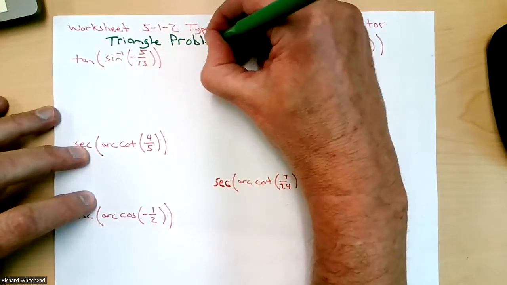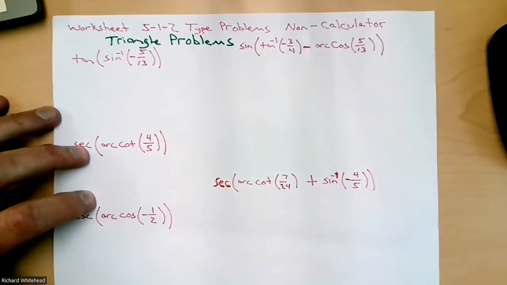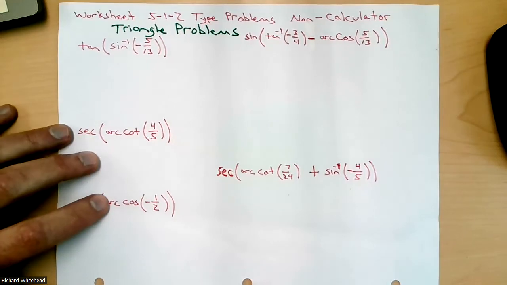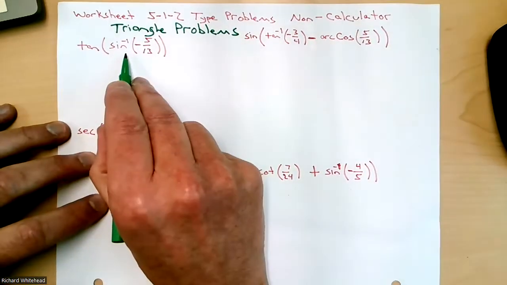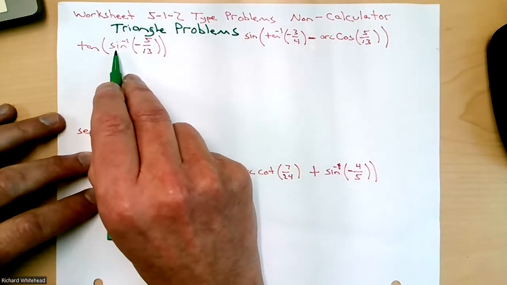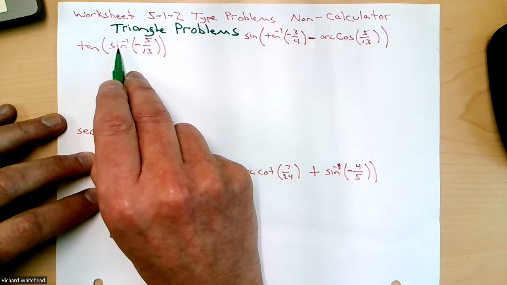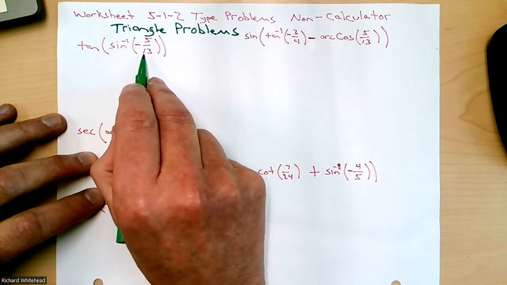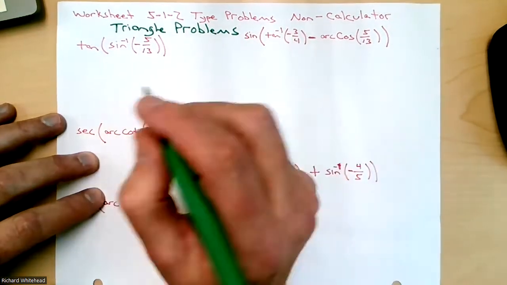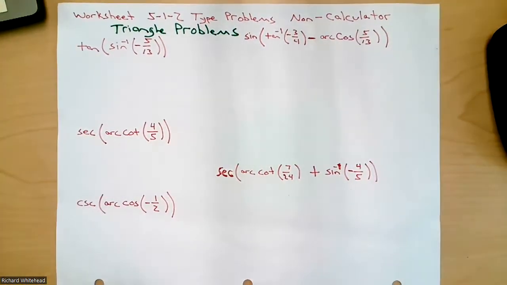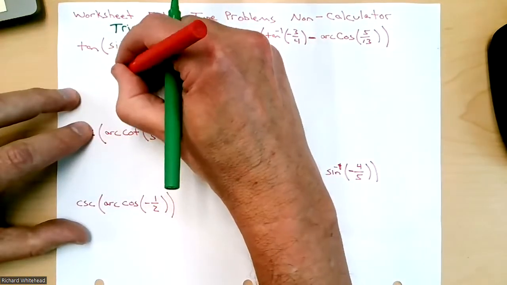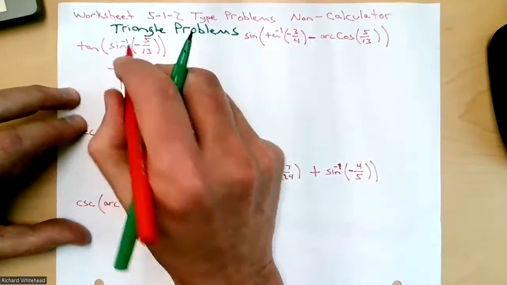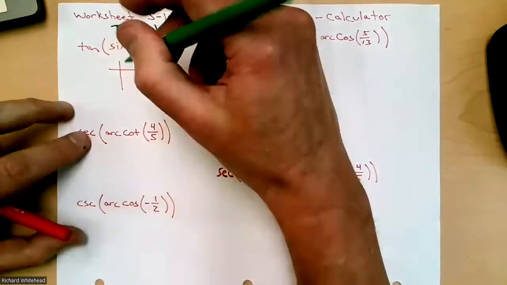Because every one of these problems, we're going to have to draw a triangle. And by the way, at least one triangle. So for this one, what angle has a sine of -5/13? Heck if I know, but I do know that inverse sine is negative in the fourth quadrant.